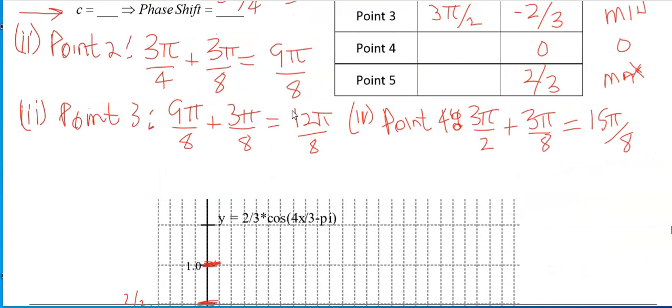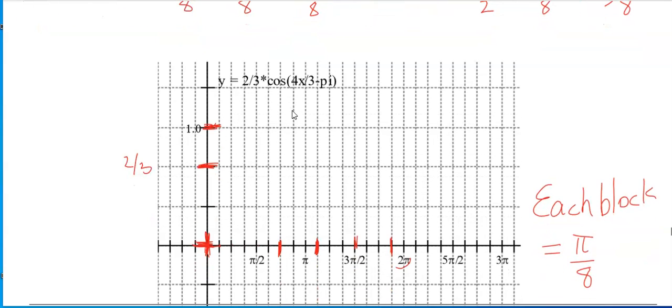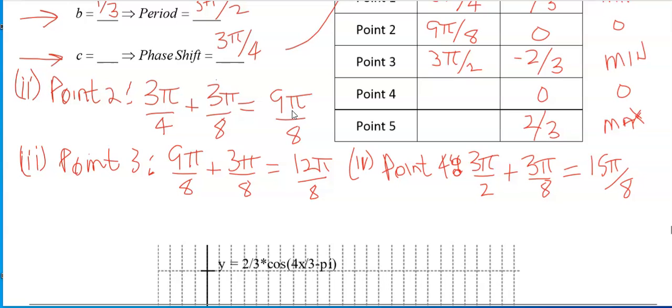15 pi over 8. Now, of course, you go up one more eighth of a block, or 1 block. If you add on pi over 8, you're going to get 16 pi over 8, aren't you? And that's 2 pi right there. So that's 15 pi over 8. And if you do the very last one, I'll just give you what it is.